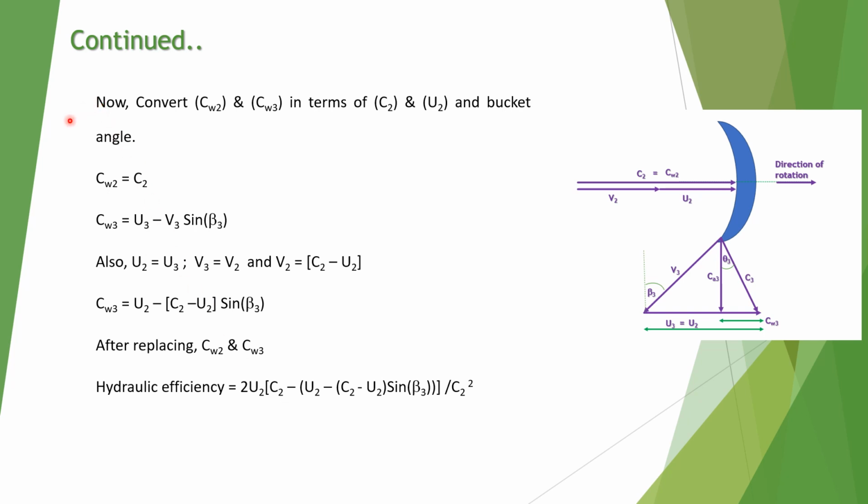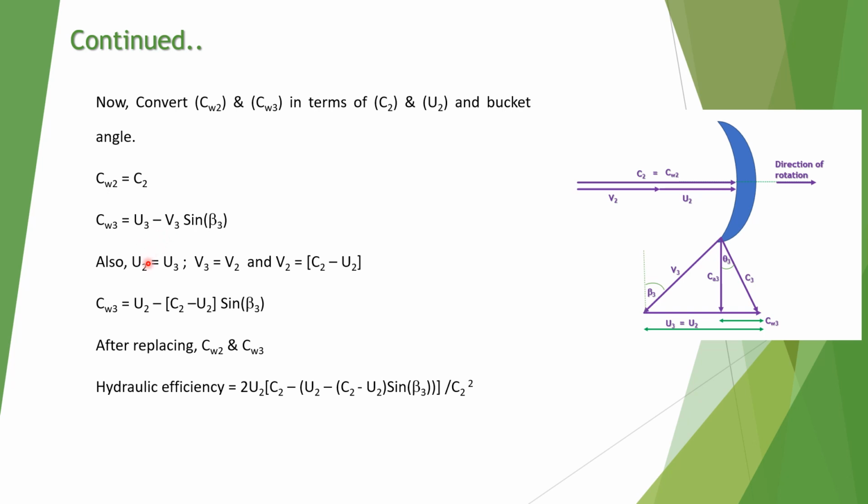Now we need to convert CW2 and CW3 in terms of C2 and U2 and blade angle or bucket angle. Using this inlet velocity triangle, it is clear that CW2 is equal to C2. And for CW3, that is U3 minus V3 sine beta 3.